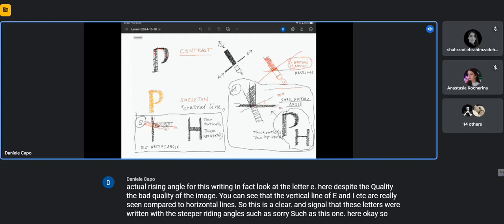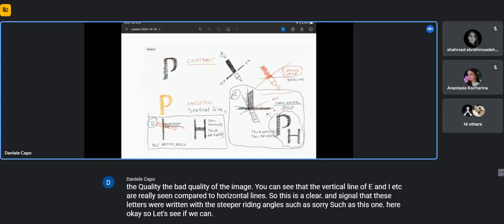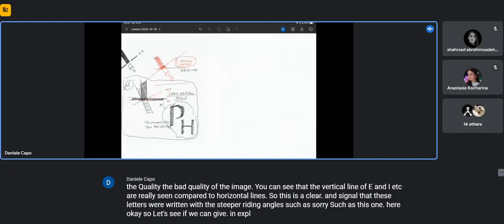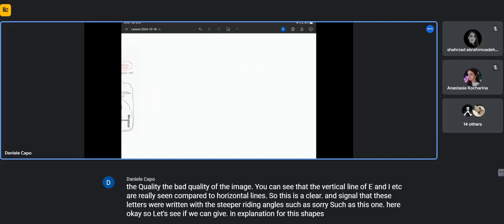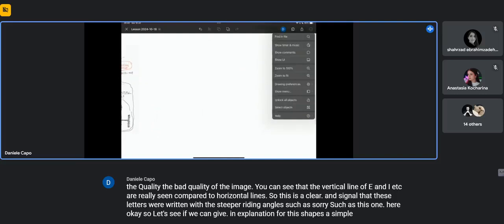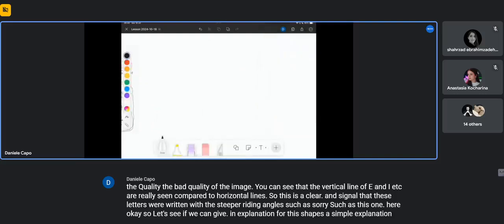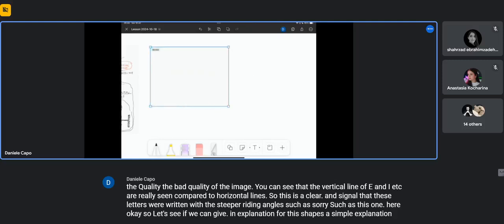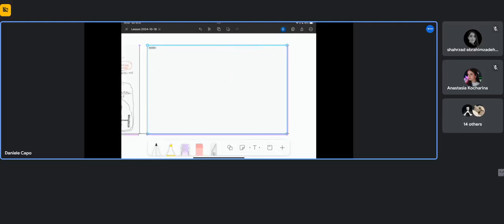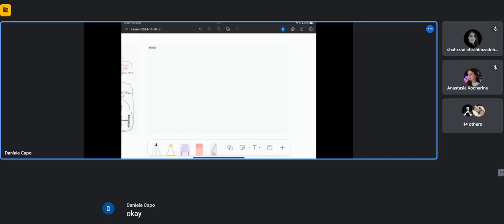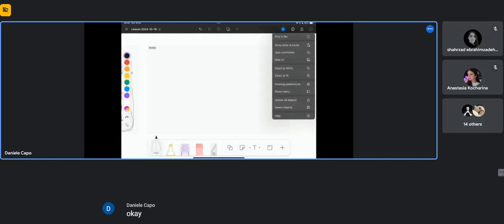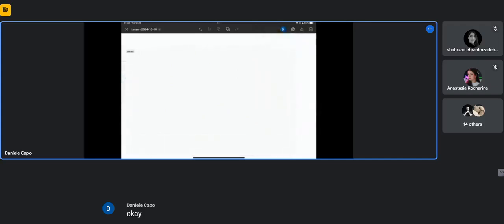So let's see if we can give an explanation for these shapes, a simple explanation. We are talking about book capitals.